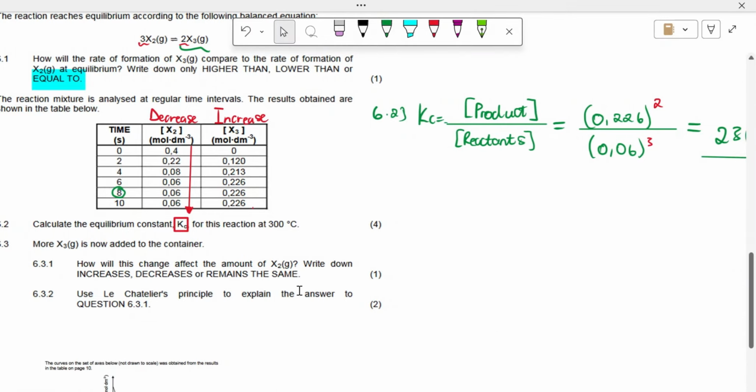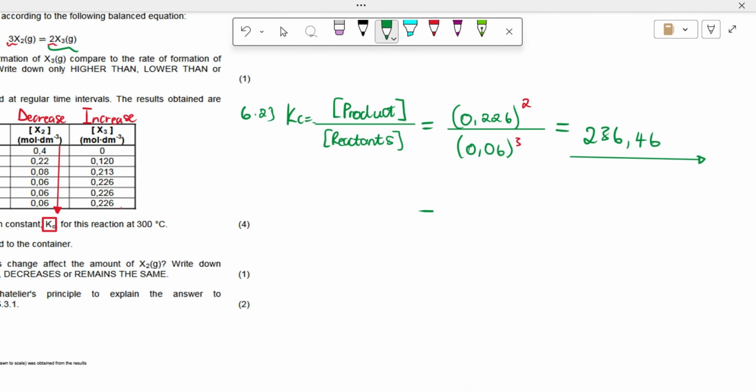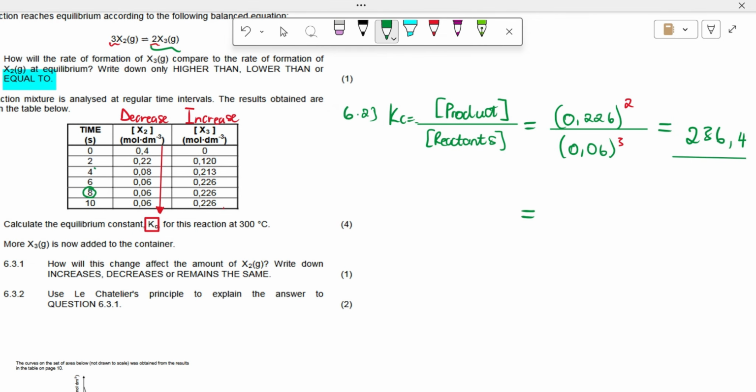That's the Kc value. So let's try something different. Let's see if you would have obtained the same results if we used, I don't know, let's try 4 seconds. 4 seconds would be 0.213 over 0.08, and I would square this and cube that.